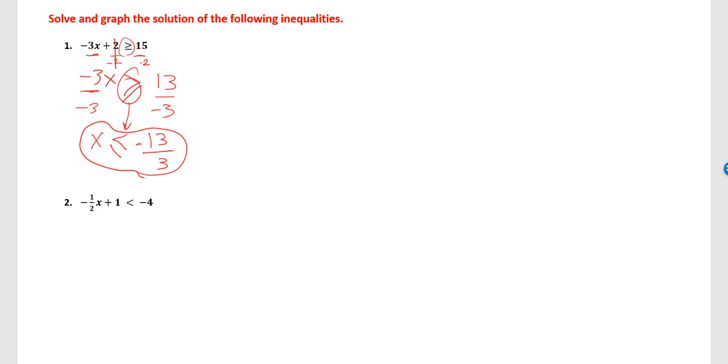Okay, and then we can actually graph this, and we would get, so let's draw the number line, right? Let's say this is 0.